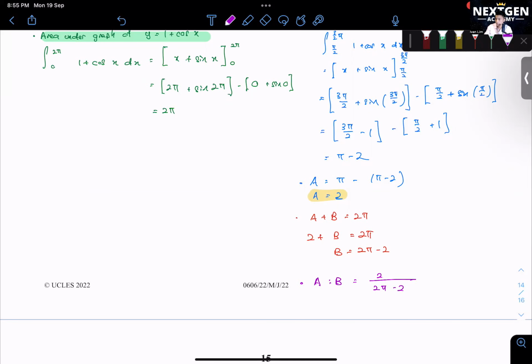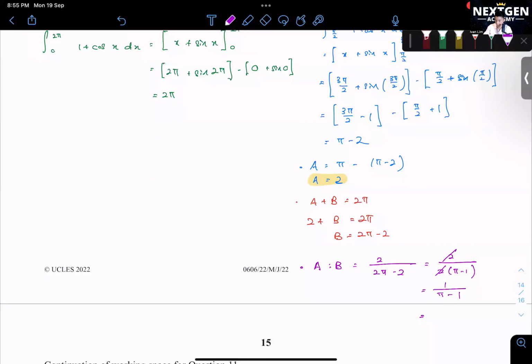We can factorize it like this, 2 times (pi minus 1). Cancel, cancel. This is 1 to pi minus 1. We can write the ratio and fraction like this: 1 to pi minus 1. Therefore, your k is equal to pi minus 1.